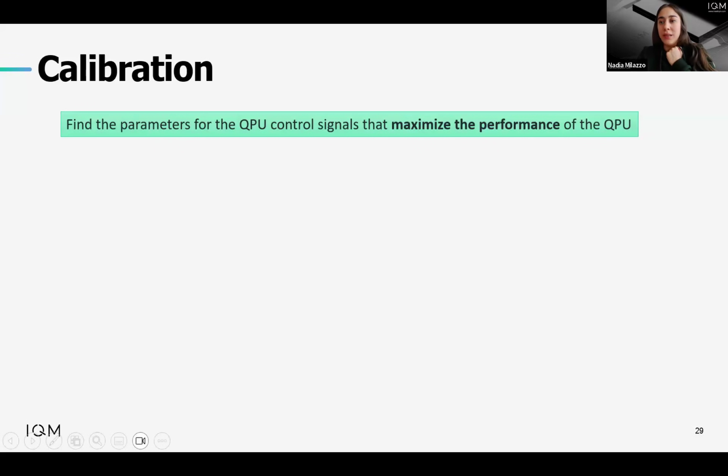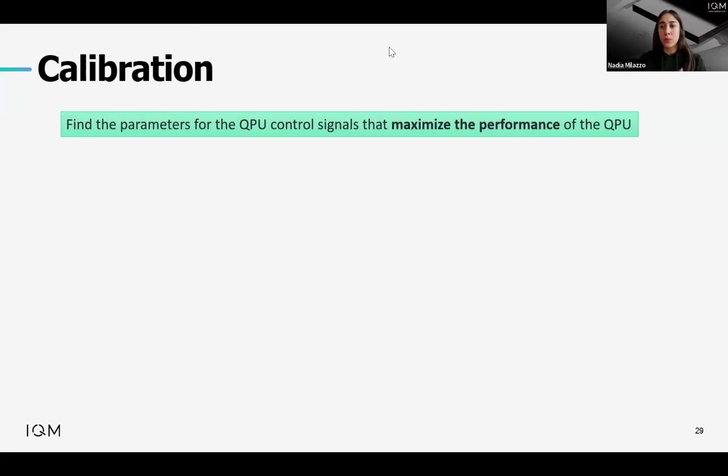So what we need to mention here, and I have already mentioned this previously, is calibration. What does it mean to calibrate a QPU? In one sentence, we could say it means to find the right parameters for the QPU to maximize its performance.